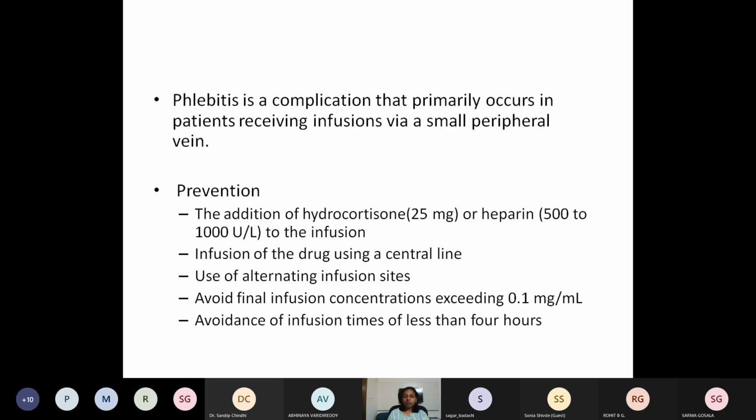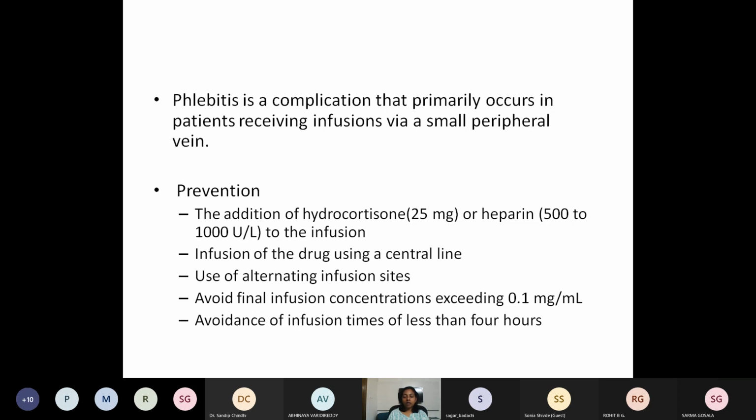Now, phlebitis is a complication that primarily occurs in patients receiving infusions via a small peripheral vein. I think generally this is one of the common problems that we see in the ward, that by the second or third day, the sisters are complaining that they need to change the line or they're not able to get IV access. So generally what we use is a central line for amphotericin infusion.